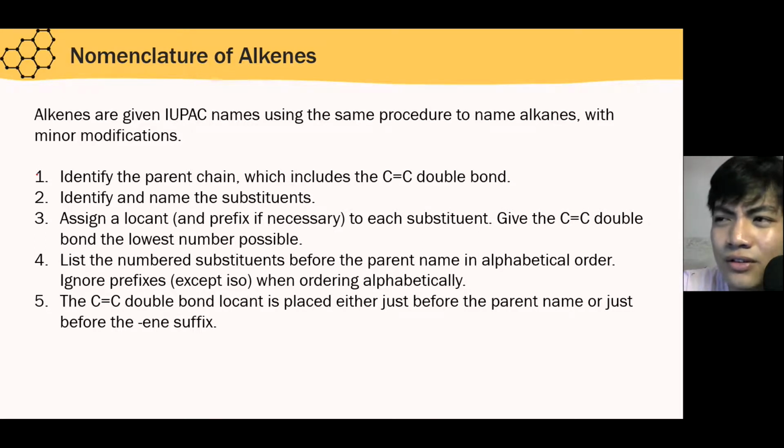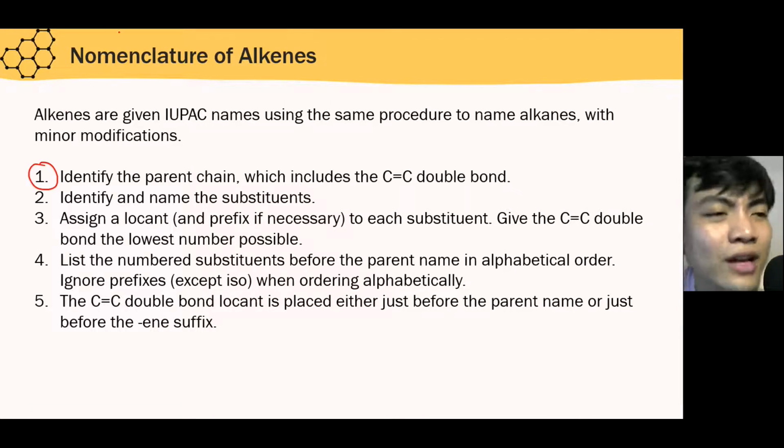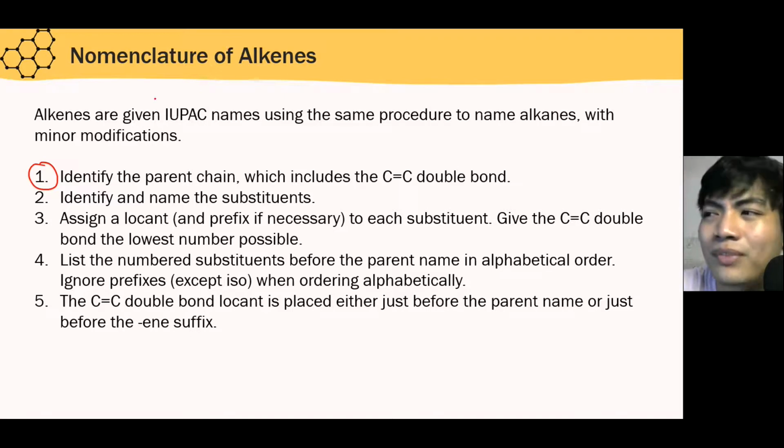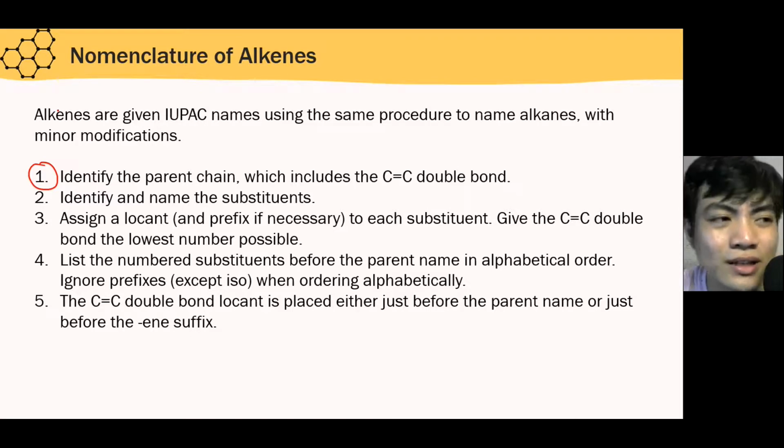So, first is that, of course, you have to identify the parent chain. However, in identifying the parent chain, okay, you need to include the double bond. Okay? Isama nyo yung double bond when you count the parent chain, when you identify the parent chain. Okay? And then, once you identify the parent chain, other rules are the same lang.